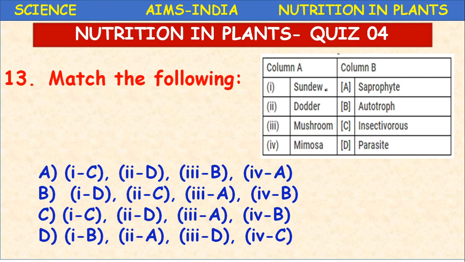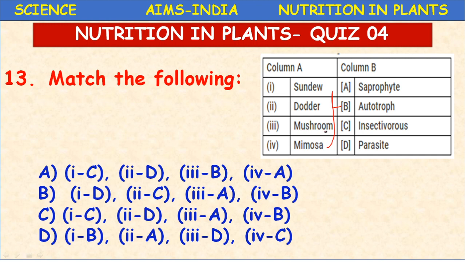Mimosa means it is a green plant, a mesophyte which lives on land. So it is an autotroph. Mimosa is an autotroph. So start matching like this.